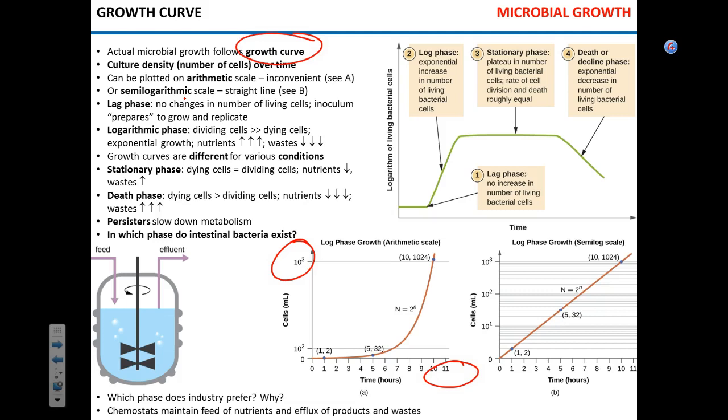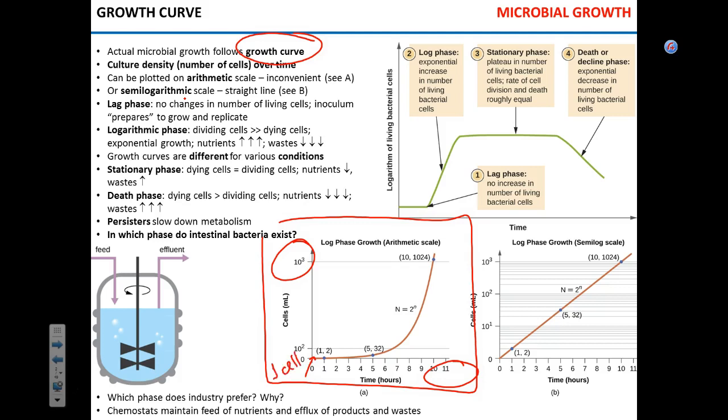So here on this graph, left bottom graph, you see the growth of a hypothetical microorganism whose generation time is 1 hour. Am I clear? So you start with 1 cell.